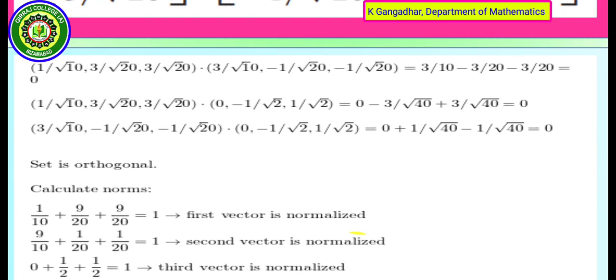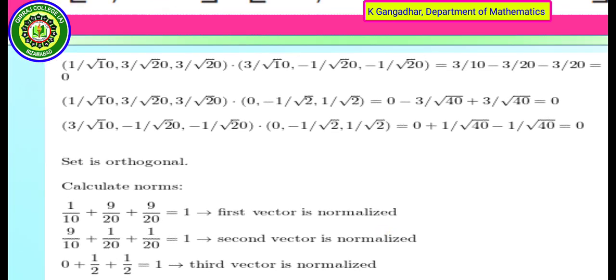The inner product of different vectors: u dot v inner product is 0, u dot w inner product is 0, v dot w inner product is also 0. So the inner product of different vectors is 0 here.